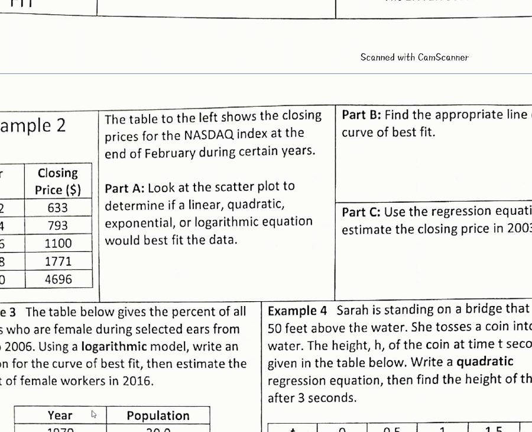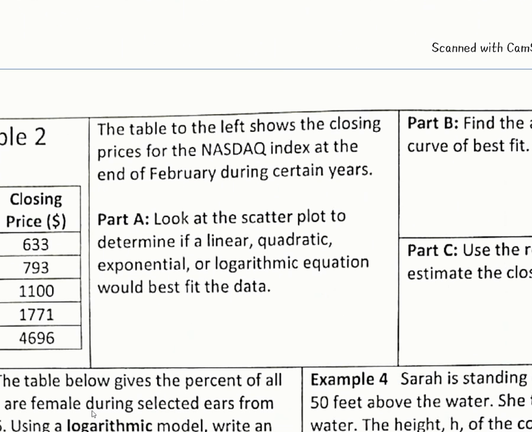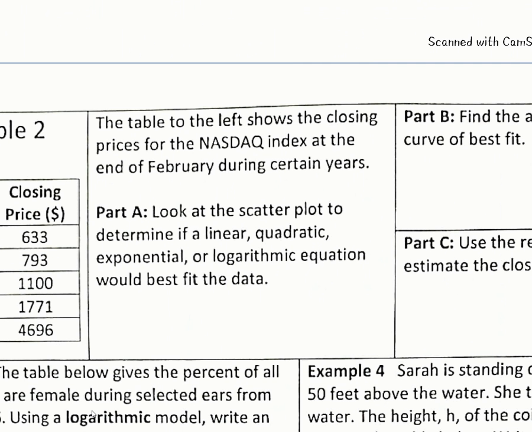Sometimes it's best to change these values for something like this, doing something like this instead. Years from 1990. So for example, when I go to my calculator, and instead of plugging in the x value of 1992, what would I use instead? 2. Because that's 2 years from 1990. What would I use for 1994?